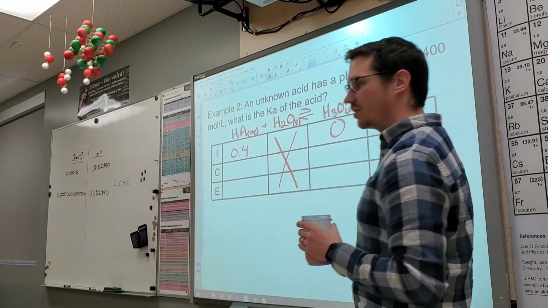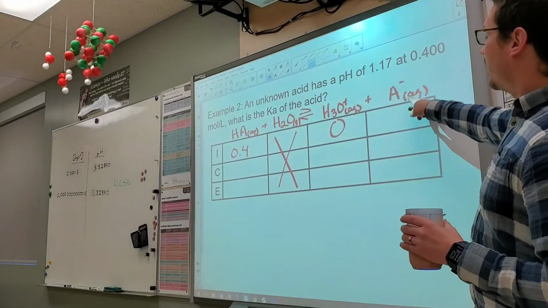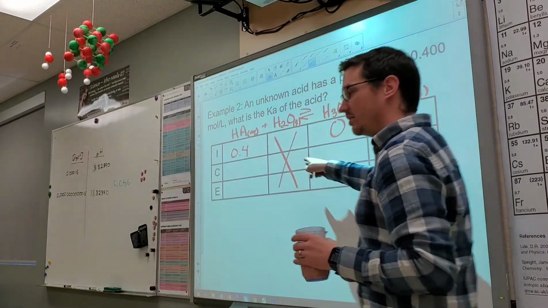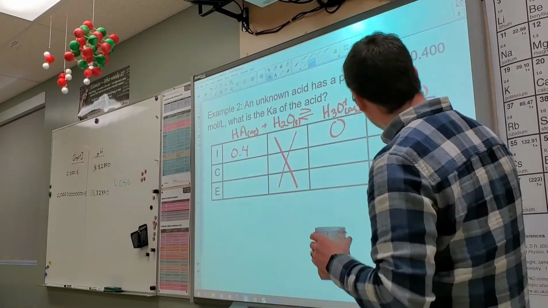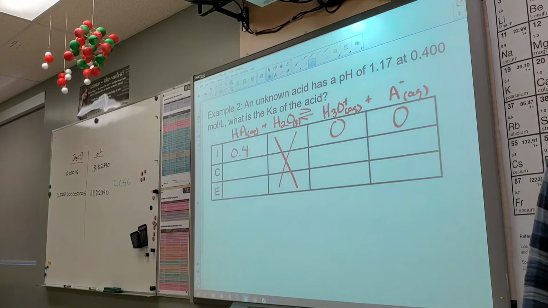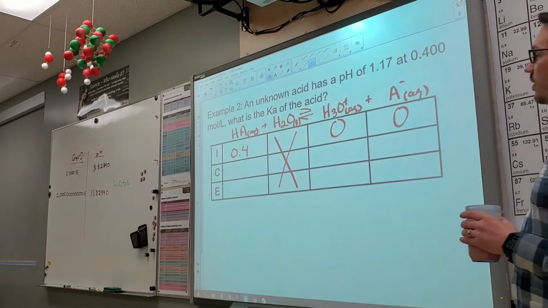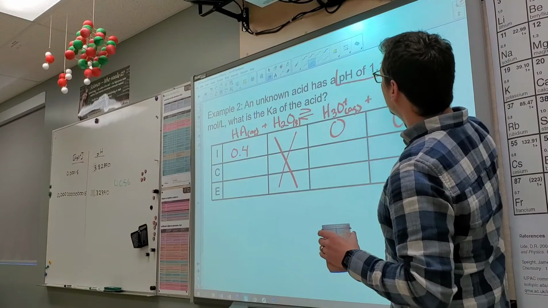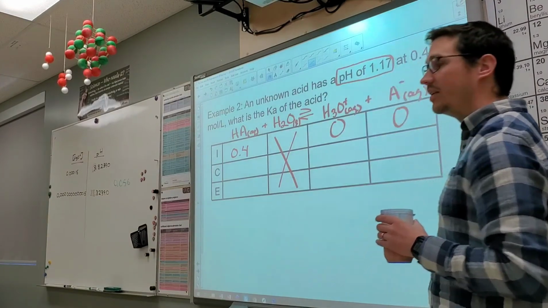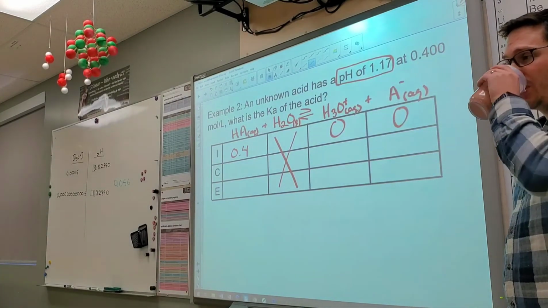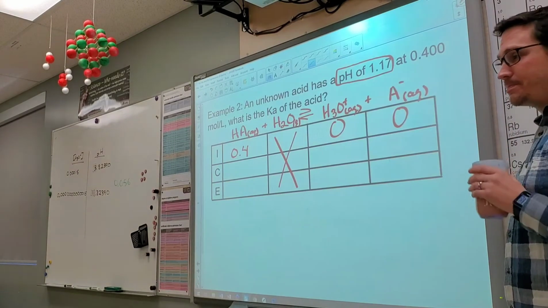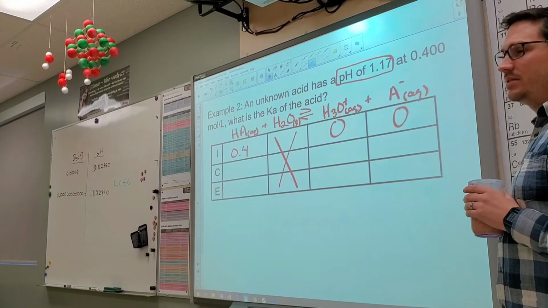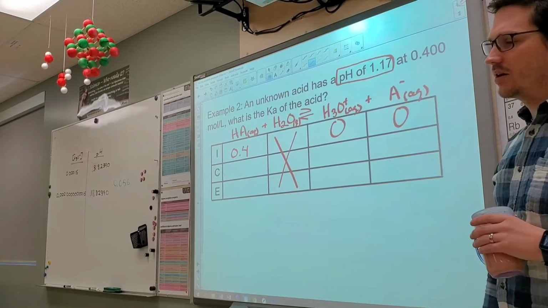That seems pretty straightforward. How much conjugate base was there before we added the acid? Zero. Then all you have to think about is what a pH of 1.17 actually means. Remember, that's an indirect measurement of the hydronium ion concentration.